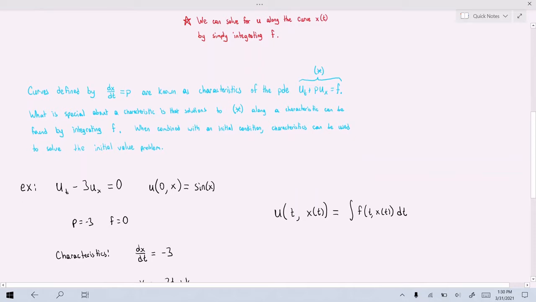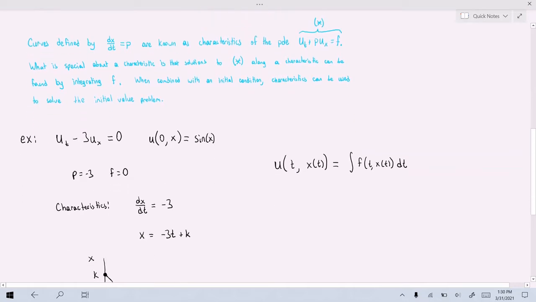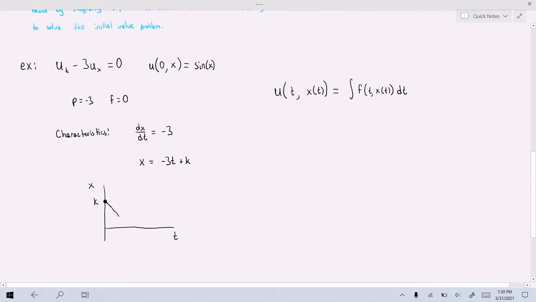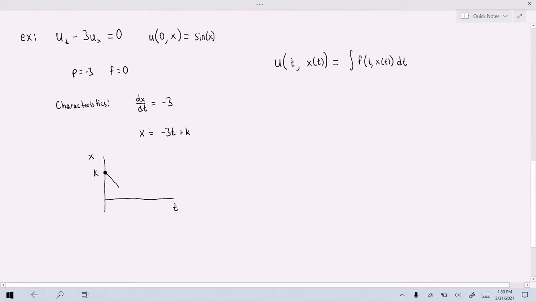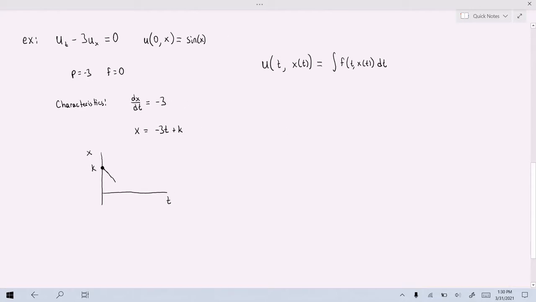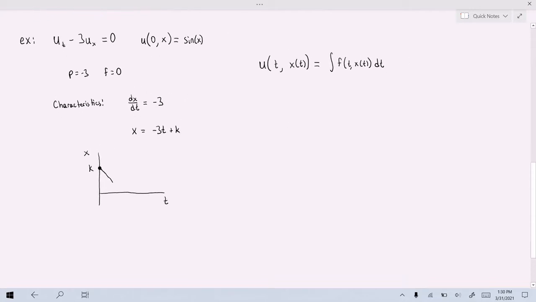Now, before I get to the specific examples that the student requested, I'm going to start with this example, which I just kind of randomly made up. So let's consider the PDE, ut minus 3ux equals 0.